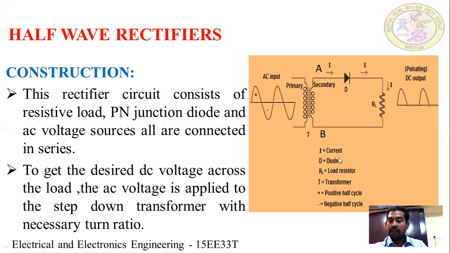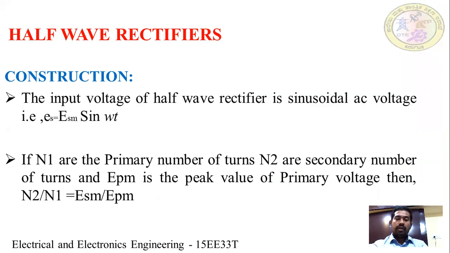I means current, D means diode, RL means load resistor, T means transformer. Plus sign indicates the positive half cycle, minus sign indicates the negative half cycle. Here this is the positive half cycle and this one is the negative half cycle. The input of the half wave rectifier is sinusoidal in nature, given by ES equal to ESM sin omega t.